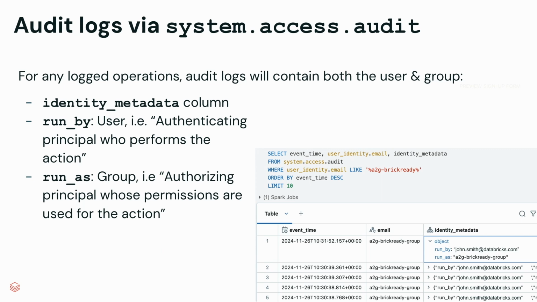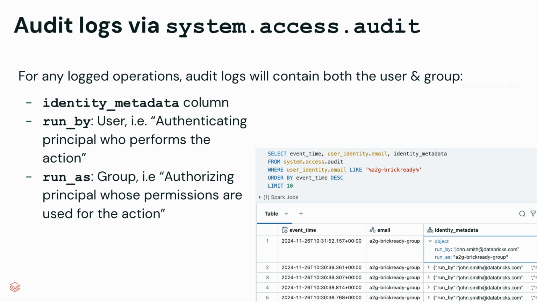The audit logs for dedicated access mode clusters: because the authorizing principal is the entity that is used for all authorization, access, and permissions, we actually record both the authorizing principal and the user that was authenticated and actually executed the command. So we have two different tags in the identity metadata column of the system access audit log.